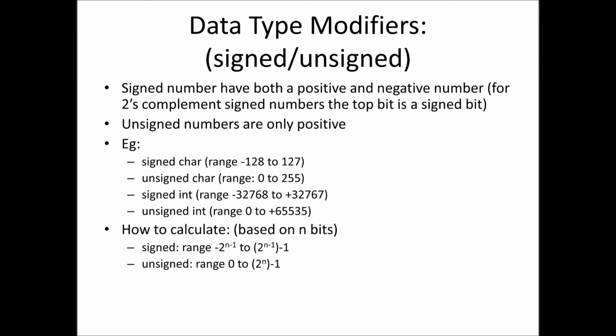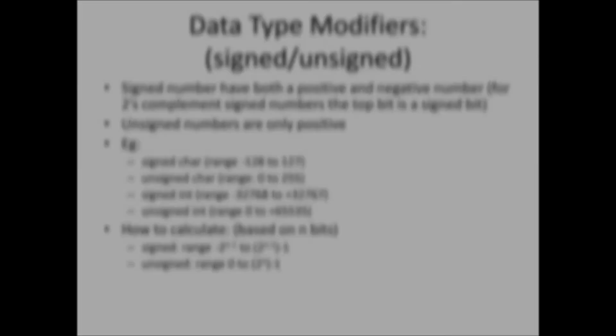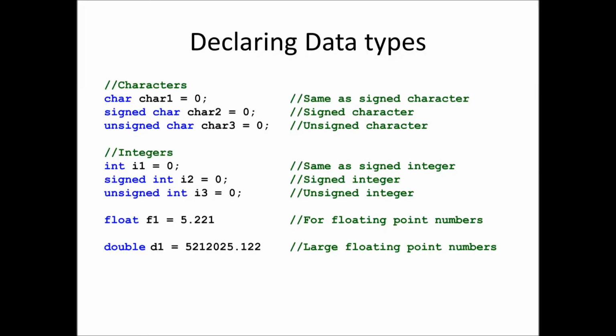By default, whenever we declare one of these variables, a character or an integer or anything like that, they're all signed. If we want to make it unsigned, we need to put the word unsigned before the number when we're declaring it. Here's a few examples.